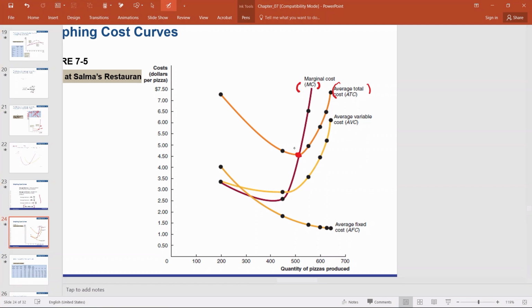So this point that we just talked about: when average total cost reaches the minimum, marginal cost intersects it. Same analysis is also true when we talk about average variable cost. When it reaches the minimum, marginal cost intersects it at the minimum of average variable cost, but average fixed cost is always decreasing.